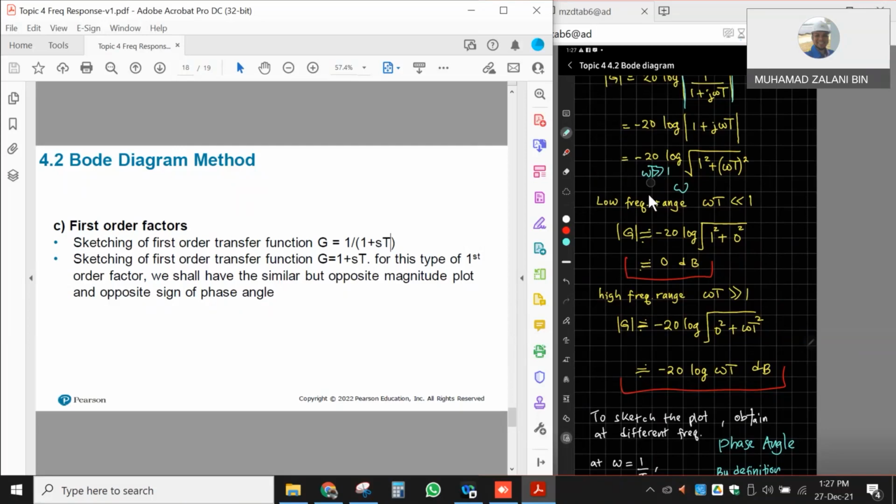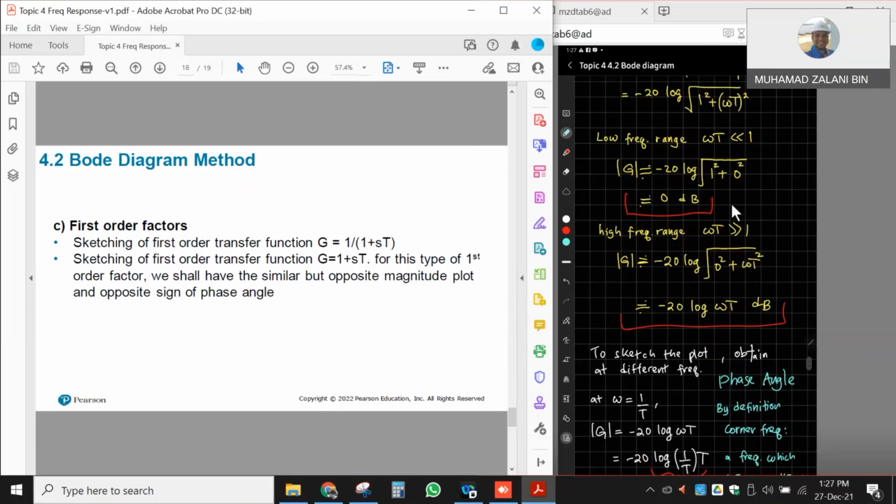So we'll start by calculating for omega t smaller than 1, the low frequency range. So how should the magnitude plot be in the low frequency range?